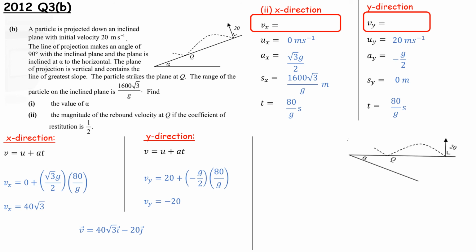So what I've done is I have turned our picture so we can get a better sense of what's happening. So we need to understand what they've asked us. We have a bounce coming in like this and leaving like that, and they want the magnitude of that rebound velocity. So I have the velocity at which we hit, and notice that the i is positive, the j is negative, but that i being positive, we need to be careful because we're going to the left.